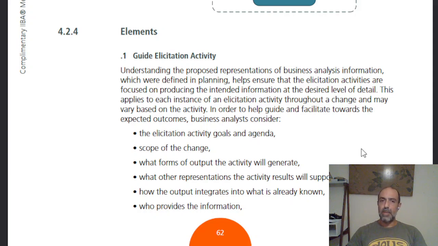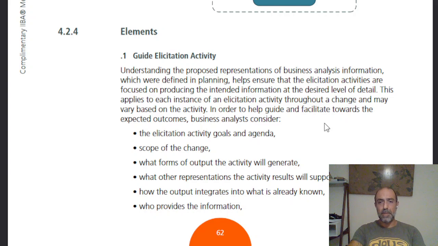So the elicitation activity guide, or the guide for elicitation activity is, I feel there's a difference between guide elicitation activity and elicitation activity guide. So I'm going to just read it this way and not assume anything. But ultimately, we have to check with this as much as we can.